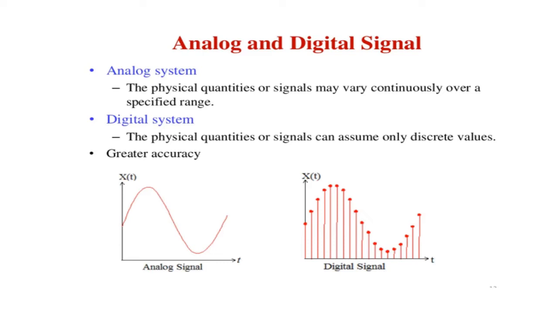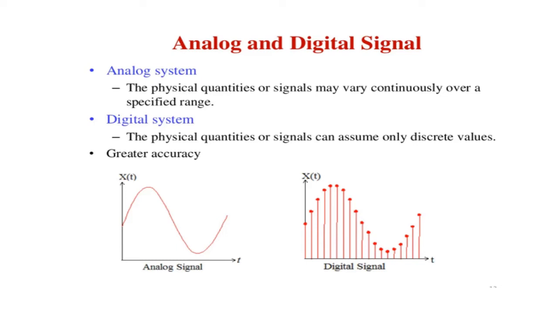An analog system has physical quantities or signals that may vary continuously over specified ranges. A digital system has physical quantities or signals that can assume only discrete values.